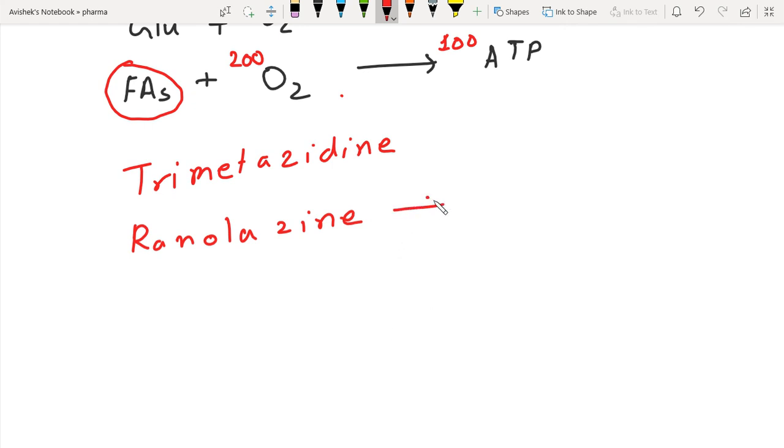One more speciality about ranolazine is it also blocks sodium channel, or it can also act as a sodium channel blocker. Ranolazine.